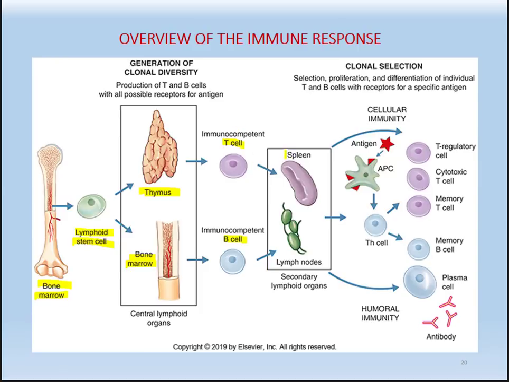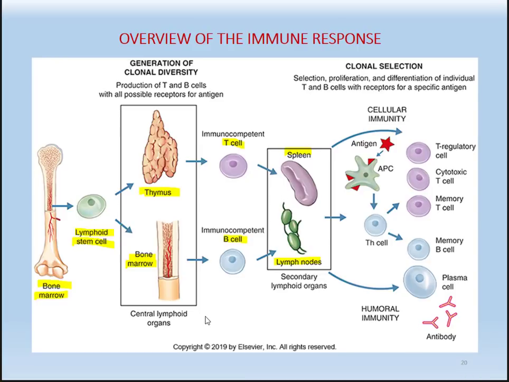And then after they've matured, T cells are going to migrate to the spleen where they spend a lot of their time. And B cells, there's some in the spleen, but they're going to migrate to lymph nodes once they've matured. T cell immunity is also known as cellular immunity, and that should make more sense shortly. And B cell immunity is also known as humoral immunity.